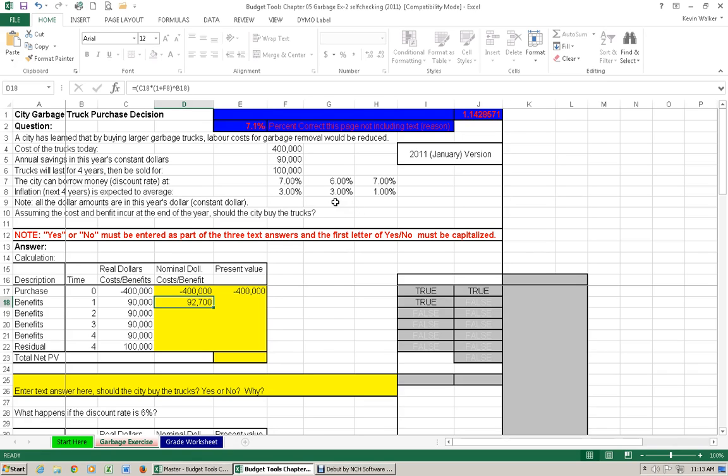And so if word comes out that we expect a spike in inflation, that the Fed's going to raise the interest rate a big amount because we're out of the recession, and the Federal Reserve Bank is estimating that the inflation rate is going to be 3.5% next year, then you might change this guesstimate from 3 to 3.5.